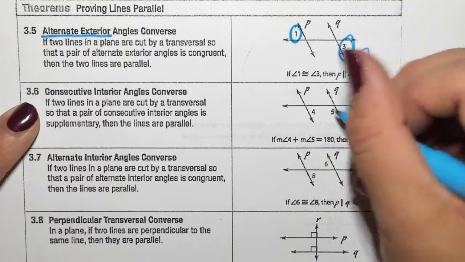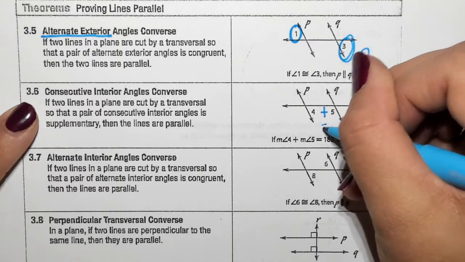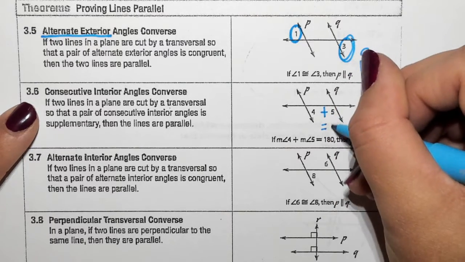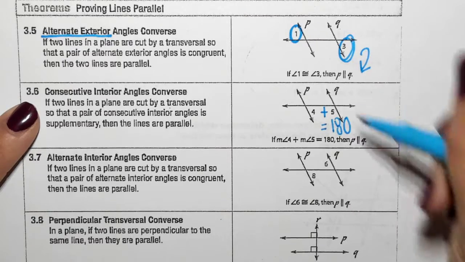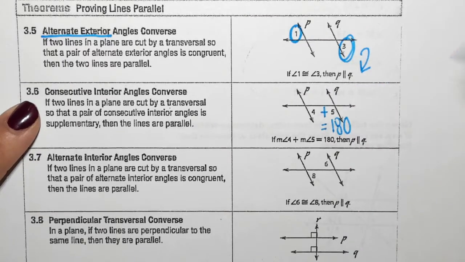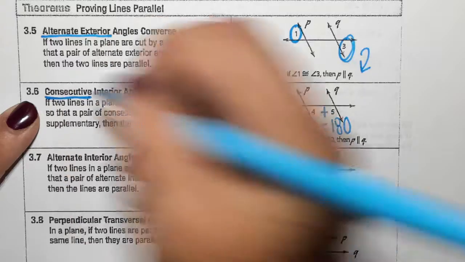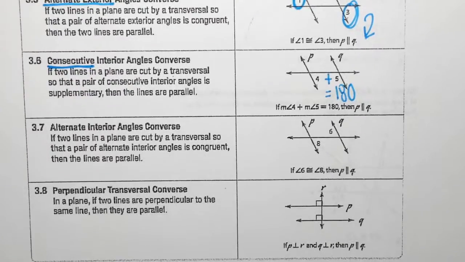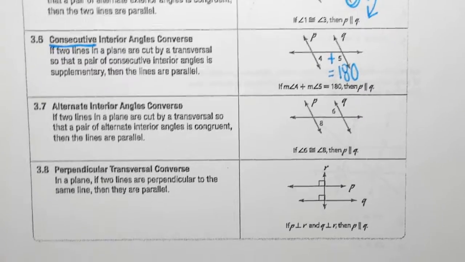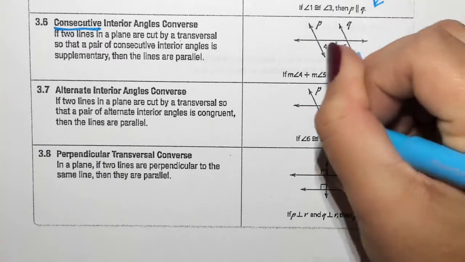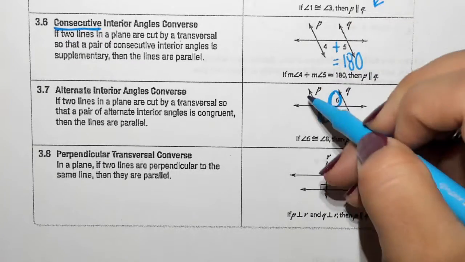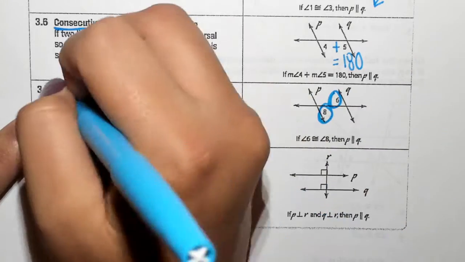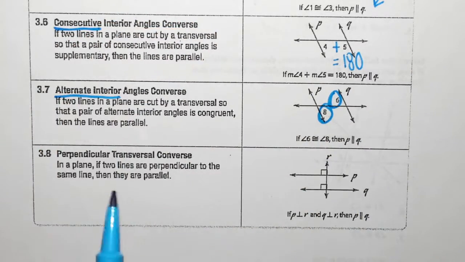If 4 plus 5 equal what? 180. Then P is parallel to Q. Consecutive. If angle 6 is congruent to angle 8, then P is parallel to Q because of alternate interior.